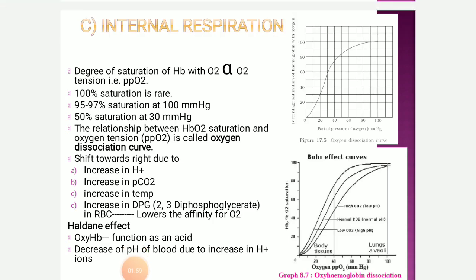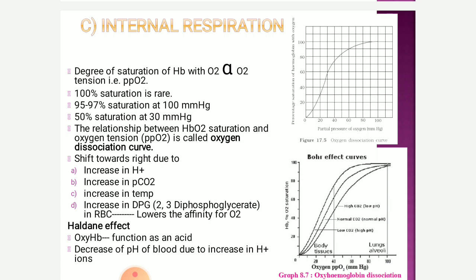Now we are going to discuss the oxygen dissociation curve. Basically, what is the oxygen dissociation curve? When you plot a graph of partial pressure against the percentage saturation for oxygen, the curve you get is called the oxygen dissociation curve.